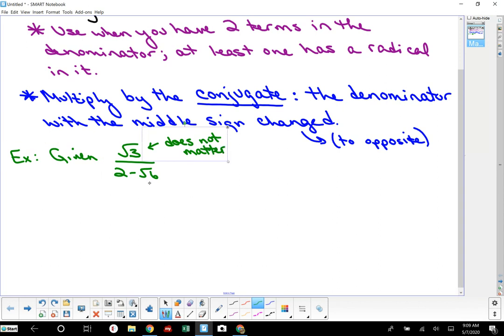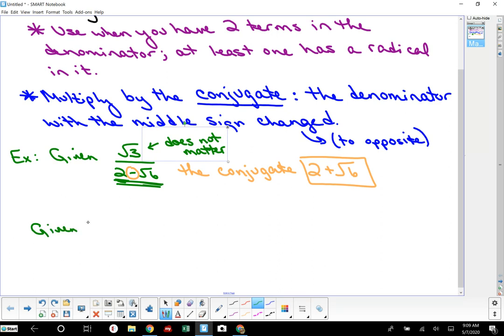What matters is if there's two terms in your denominator, which there are here, 2 is one term and the negative radical 6 is another, then the conjugate here is the denominator with the middle sign change. So 2, you change this sign from a negative to a positive, and the conjugate here is 2 plus rad 6.